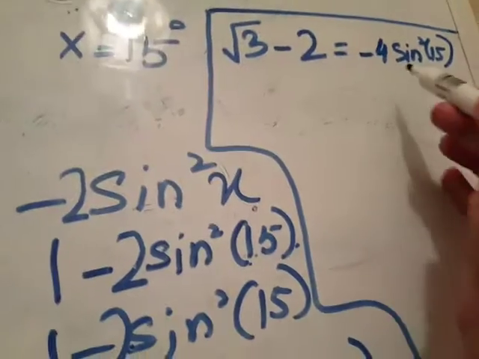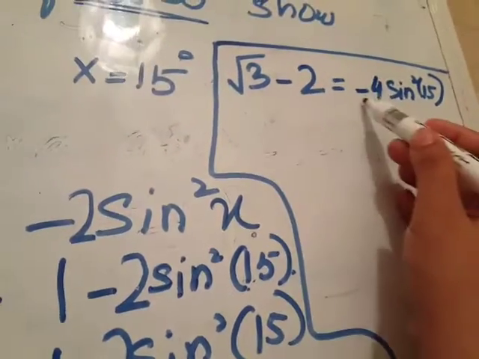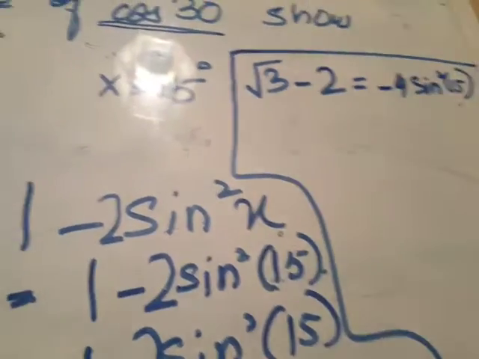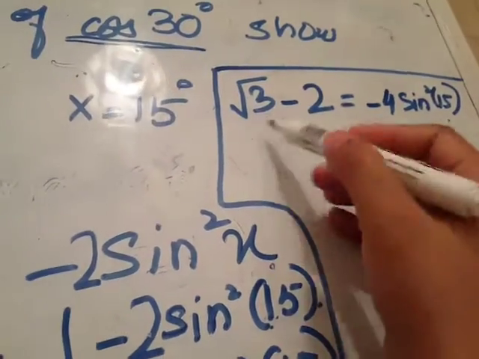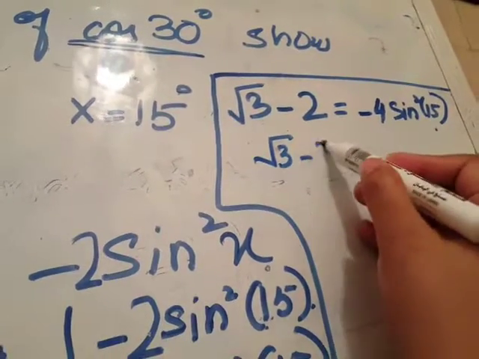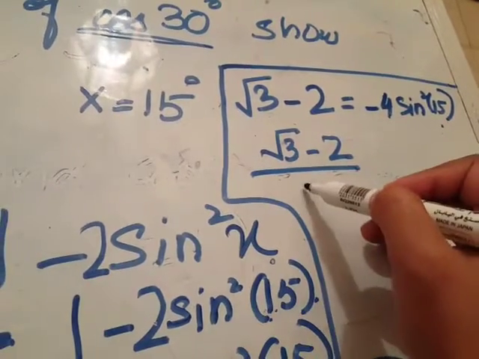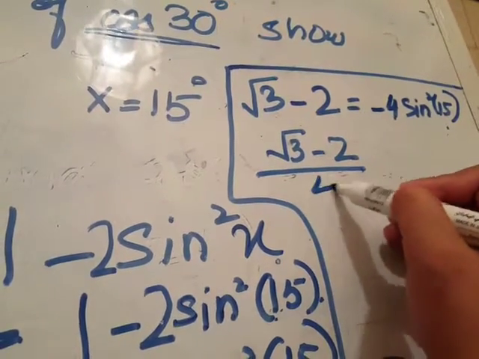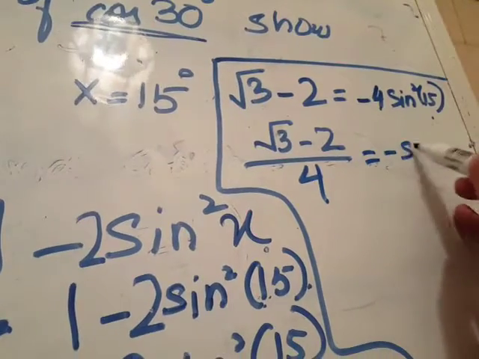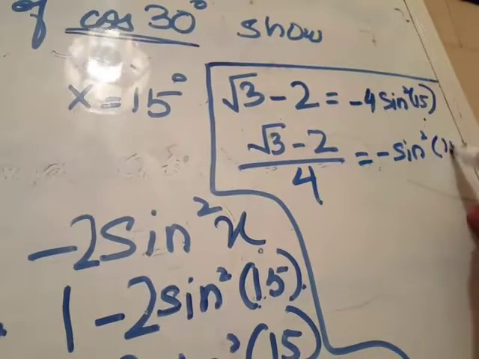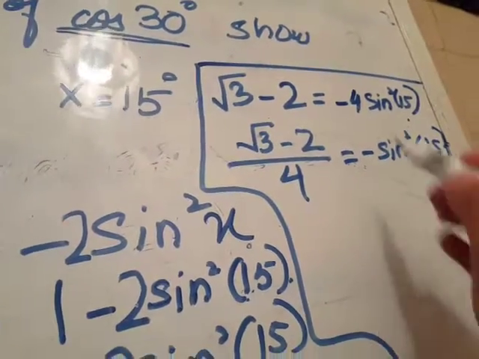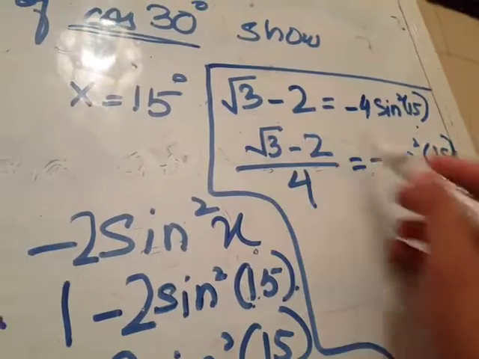Okay, so let's divide by this minus 4. Since it's multiplying over here, if I take it over here, it will divide. So root 3 minus 2 divided by minus 4. Let's multiply both sides with a minus sign.